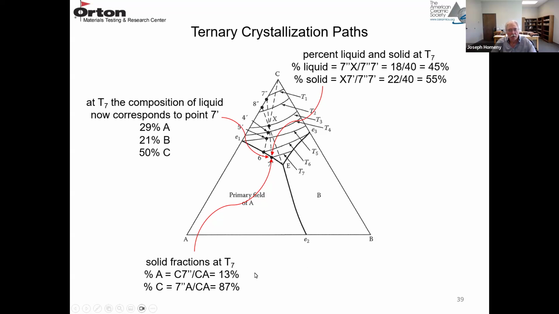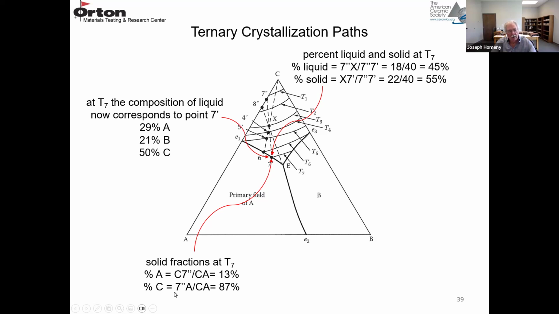And then if we wanted to determine the percent solid fractions at 7 prime for A and C, we have to go along this side, A and C. So percent A is this segment, 7 double prime C over the whole side, CA, and that's 13%.